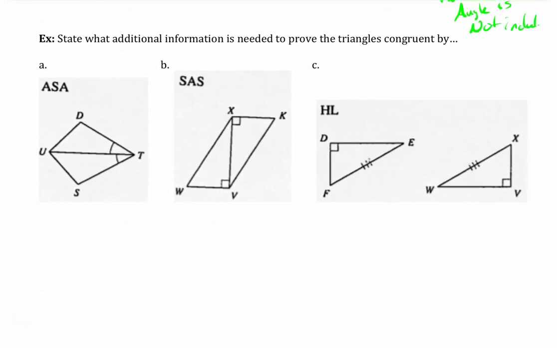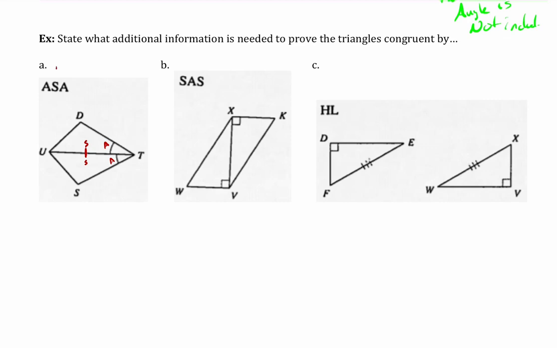State what additional information would be needed to prove the two triangles congruent. In this case, angle, side, angle. If we look at this, we have an angle here and an angle here. We also have a shared side. So we have angle, side, and we need angle, side, angle.